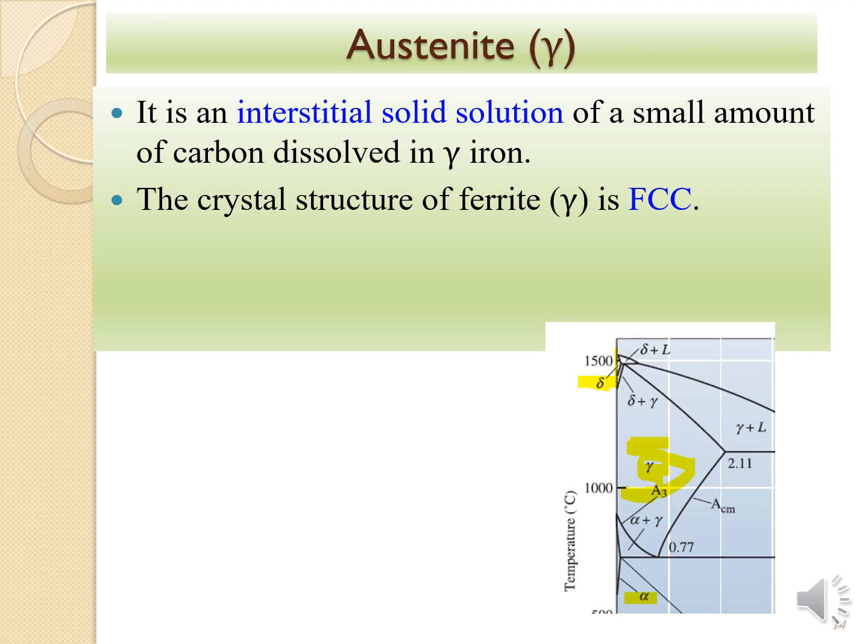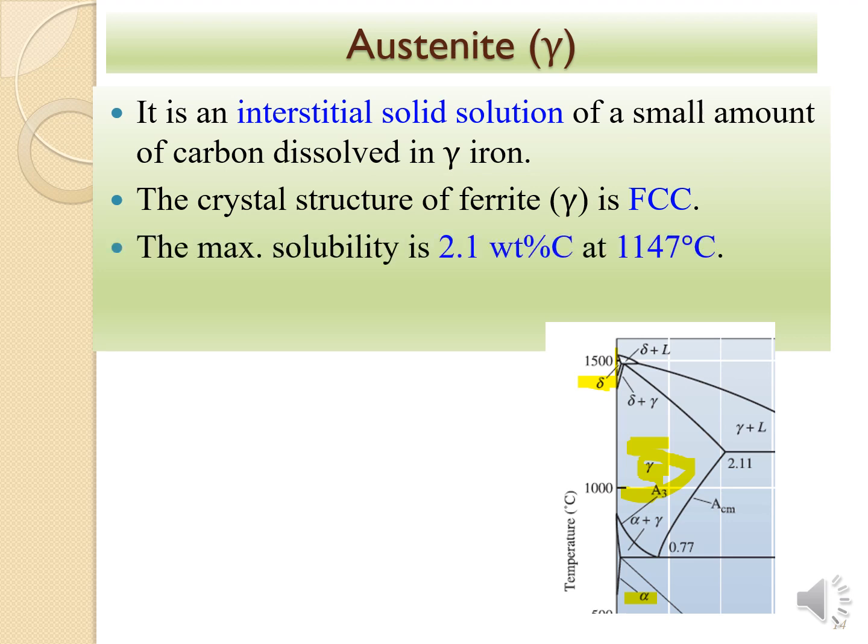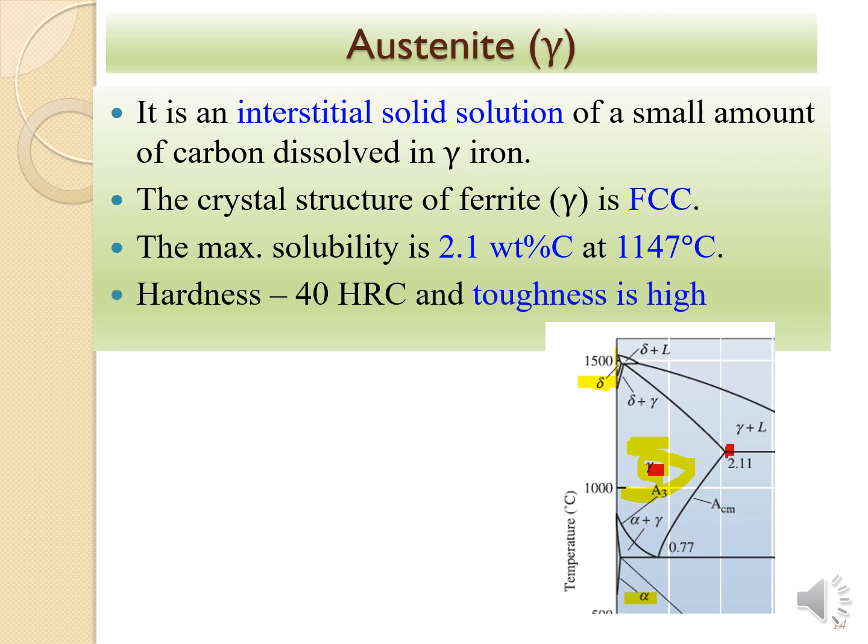Right? So the maximum solubility is at this point, 2.11% at 1147 degrees Celsius. That means at that temperature, we can dissolve a maximum amount of carbon into the gamma iron without forming a second phase. And austenite has a hardness of 40 HRC and the toughness is high.